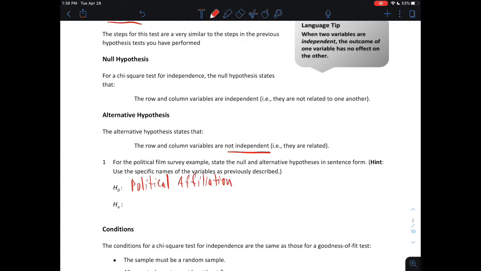And for the columns, response. So those are our variables. Political affiliation and response are independent. And then for the alternative, H sub A, we just say political affiliation and response are not independent.